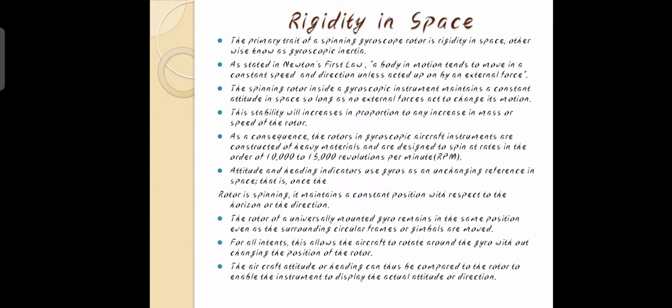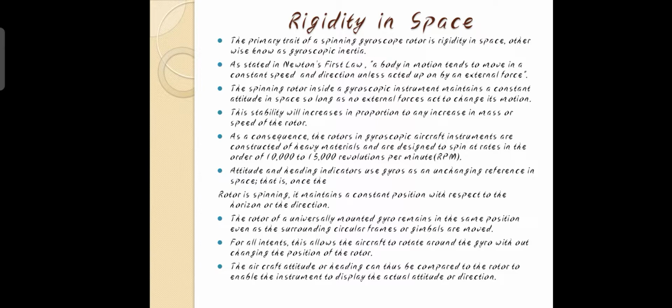Rigidity in space. The primary trait of a spinning gyroscope rotor is rigidity in space, otherwise known as gyroscopic inertia. As stated in Newton's first law, a body in motion tends to move at a constant speed and direction unless acted upon by an external force. The spinning rotor inside a gyroscopic instrument maintains a constant attitude in space so long as no external forces act to change its motion.